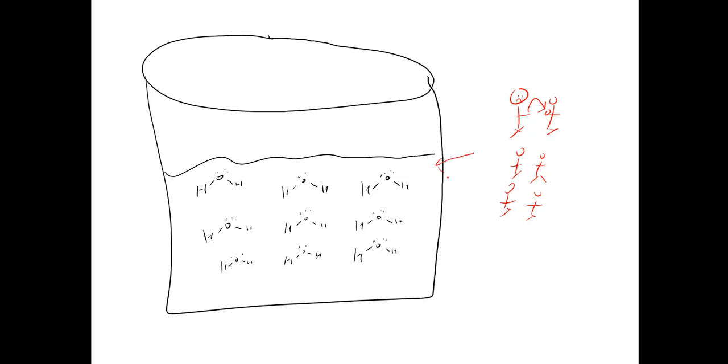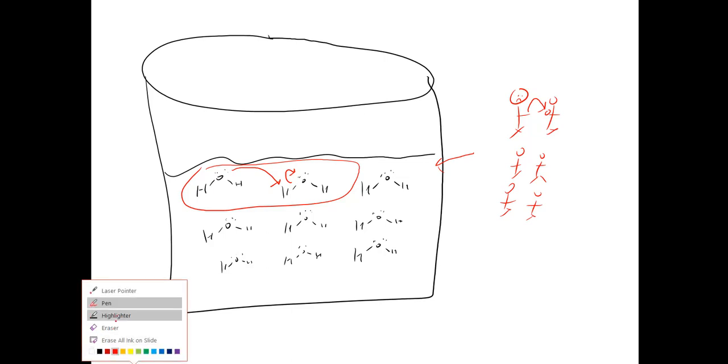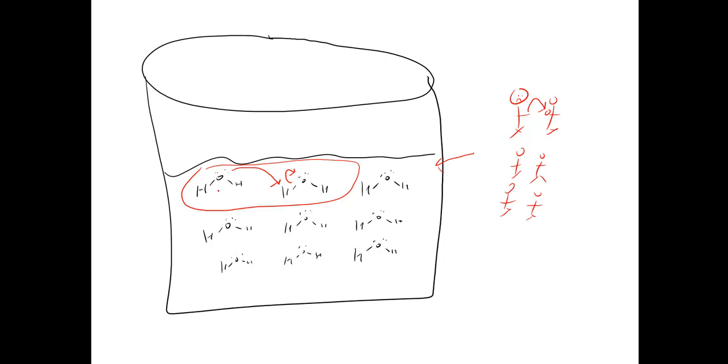Here we have a beaker of water, and most of the water molecules are just doing their own thing, floating around, saying hi. But there is a small portion of water molecules such that one molecule will steal the hydrogen from another molecule. This process is called autoionization.